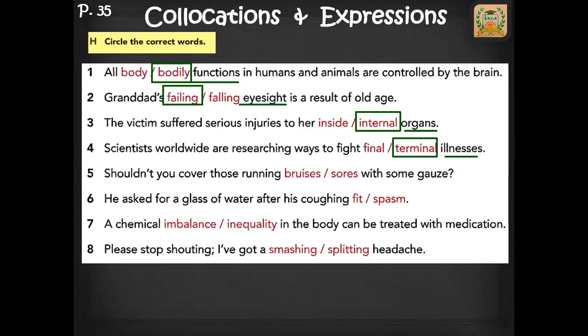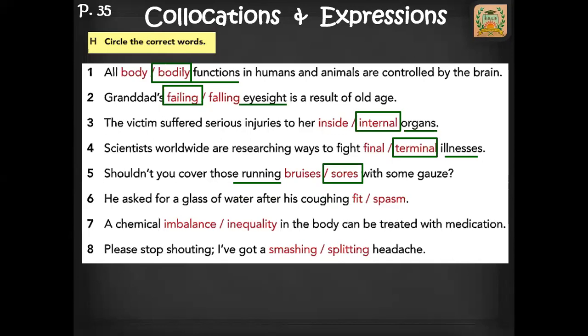Number five, shouldn't you cover those running bruises, sores with some gauze? Running sores. The bruise is just when your skin becomes kind of purple, red purple, that's a bruise, without any liquids or any blood.